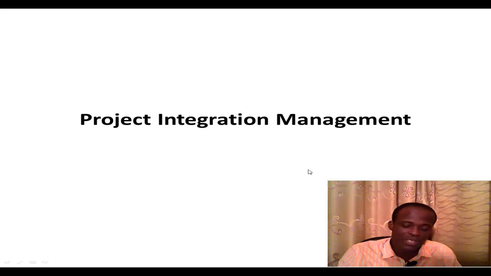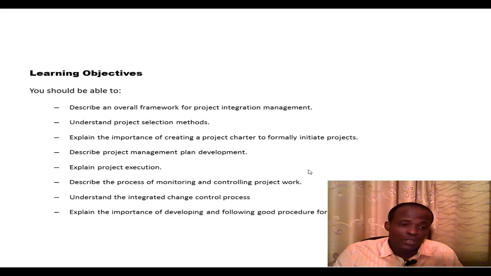And so in this chapter, we shall be looking at the overall framework of project integration management, and then we shall look at the different project selection methods that are available for an organization that has several projects to select from. We shall also look at the importance of creating a project charter to formally initiate projects.